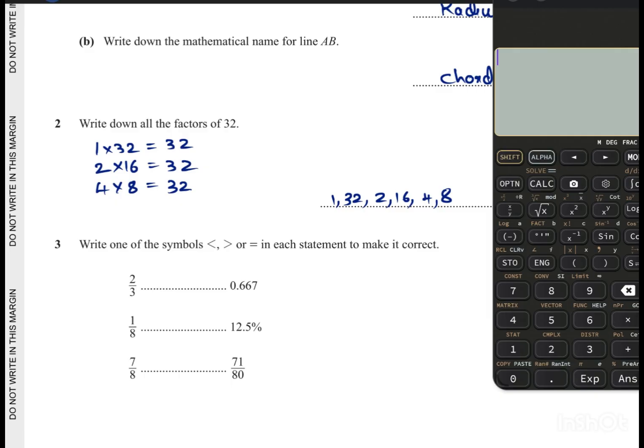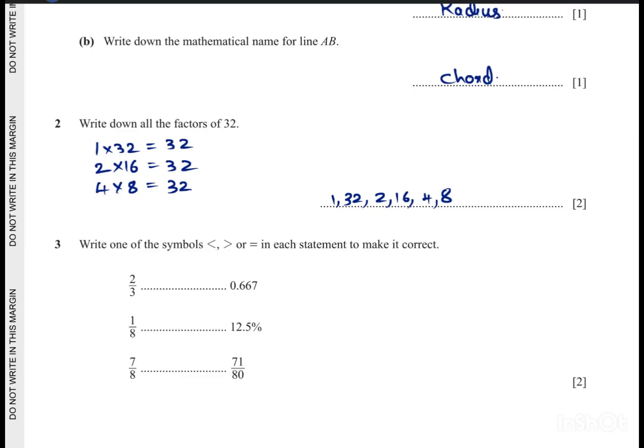So comparison will be easy for you. 2 divided by 3 is 0.66666 and so on. So it is 0.666 and this is 0.667. So which is greater? Here 7 is already there in the third decimal place, but here it is going on 666. So this will be less than.